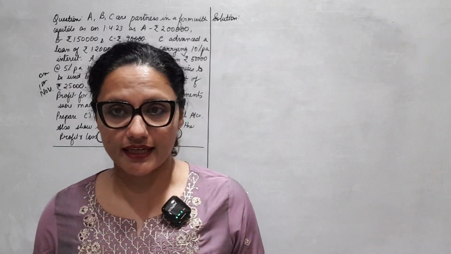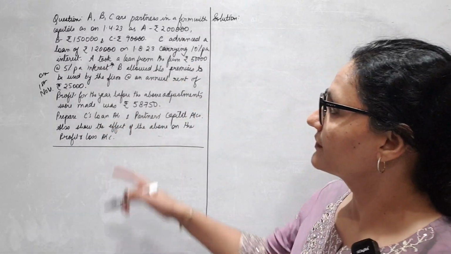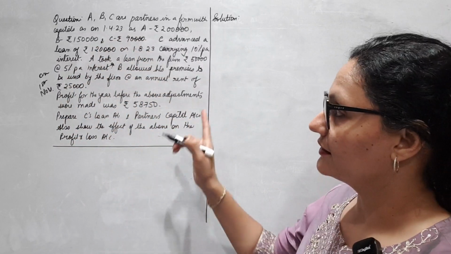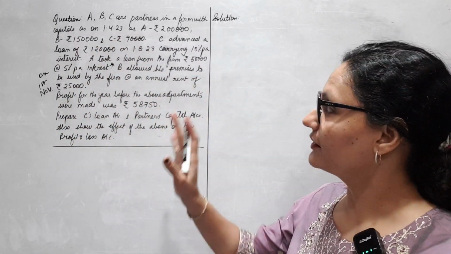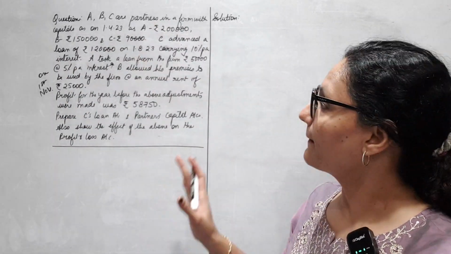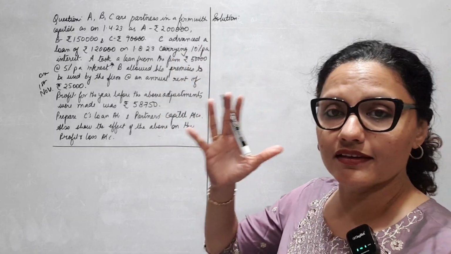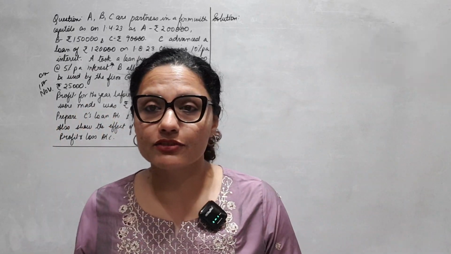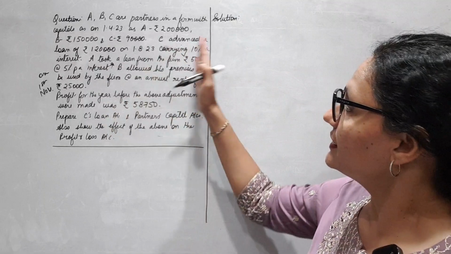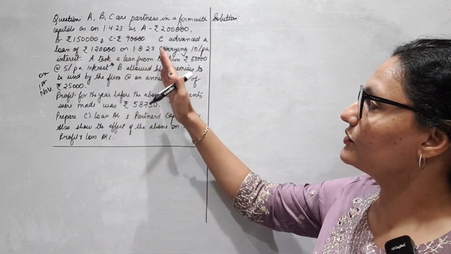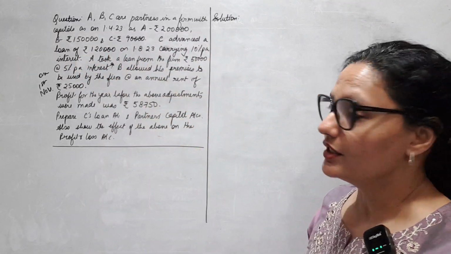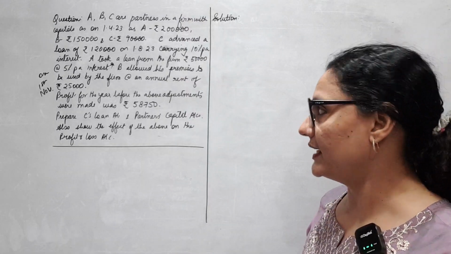So now you have to understand, out of these, you have to make a lot of adjustments. Capitals are given here, but the main thing is to calculate the interest on loan, right? C advanced a loan of 1,20,000 carrying 10% interest. We have already done how to calculate it, right?